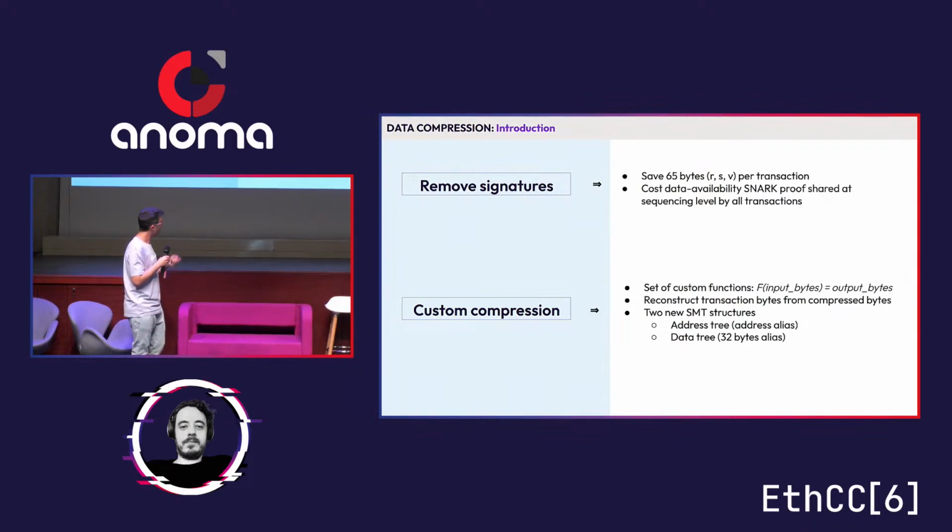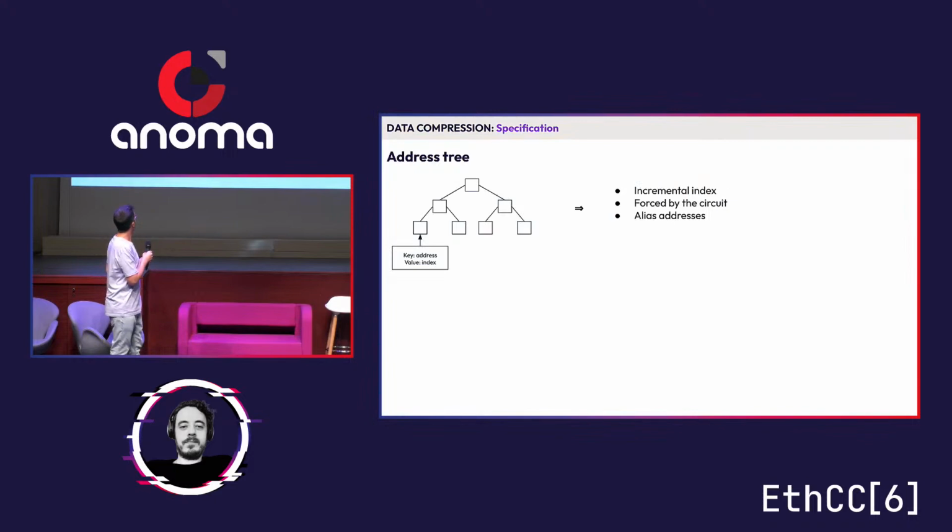And for that purpose, we introduced two new sparse Merkle tree structures, which are the address tree and the data tree. Basically, the address tree is a sparse Merkle tree, and it's a mapping between an address and an index. The address occupies 20 bytes, and the index is incremental, so it will be 0, 1, 2, 3, so you can encode those indexes in probably 1, 2, or 3 bytes.